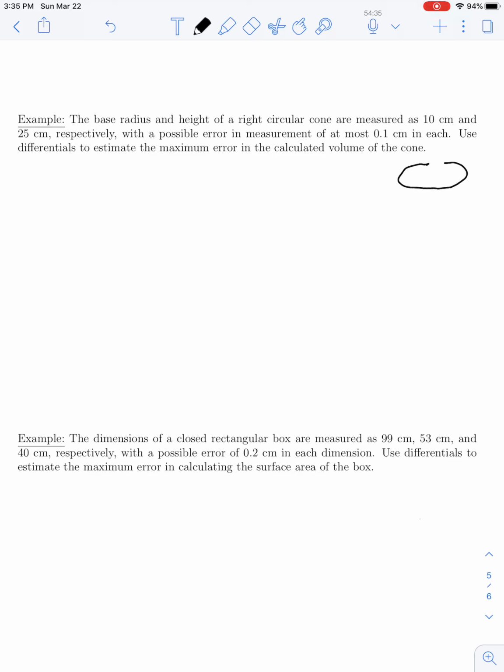So here, let's visualize our situation. We have a right circular cone. I'll draw it inverted here. And it has a base radius that we will call r, and a height, which I'll call h. We are told that the quantities r and h were measured to be 10 centimeters and 25 centimeters for these measurements.